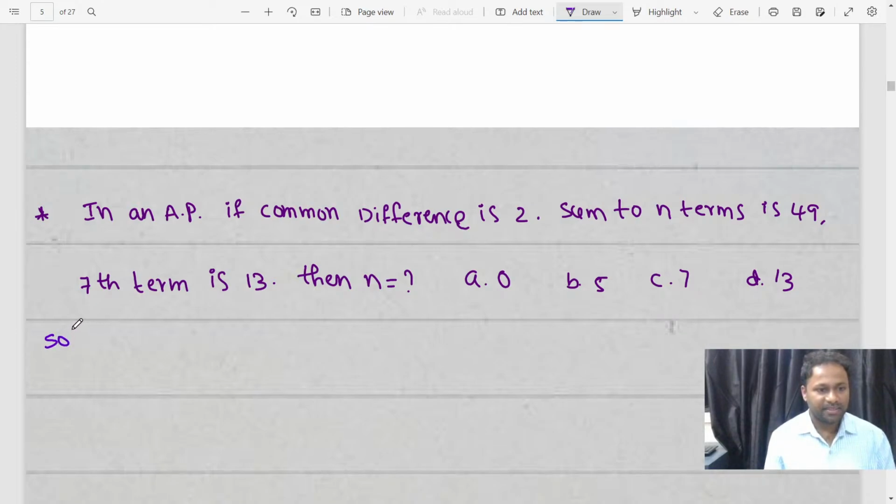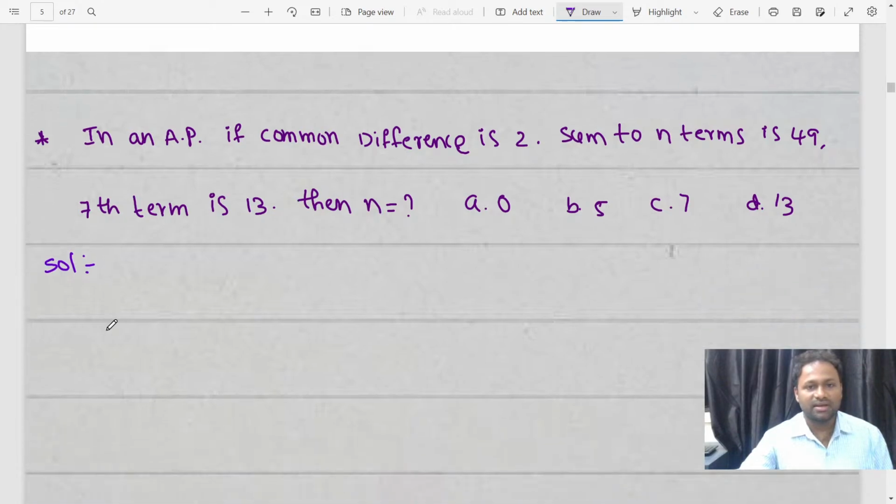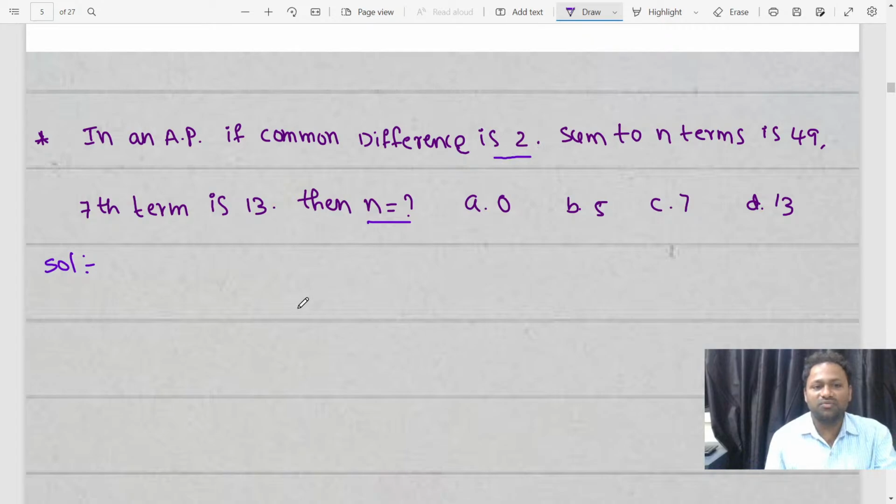Solution. So before starting the solution, as I said, we need to see the concept, what was given. This is also the same, but with a little bit of change. Here what was asked? N. What was given in an AP? The common difference is given, generally denoted D, so D is equal to 2.